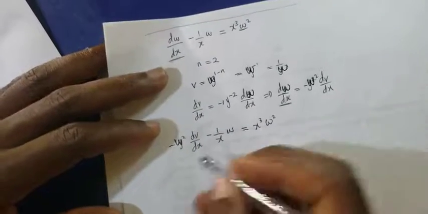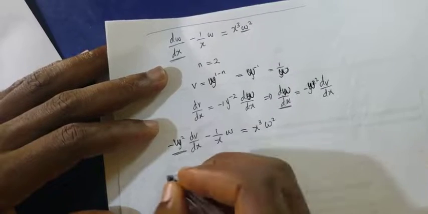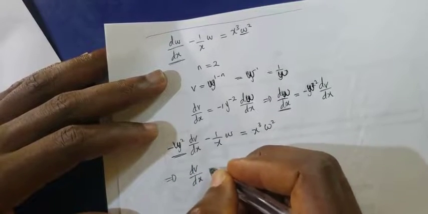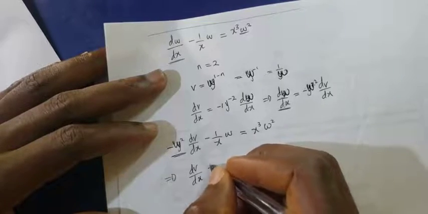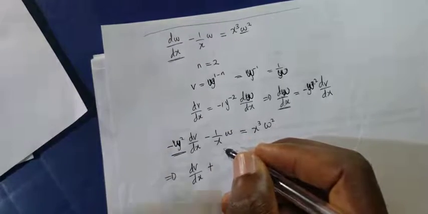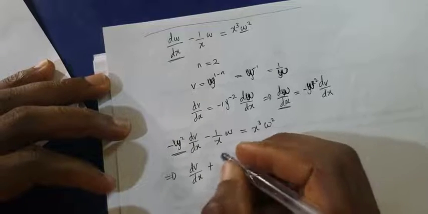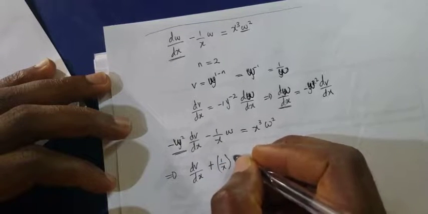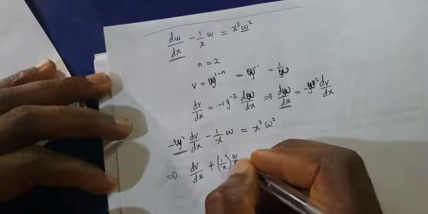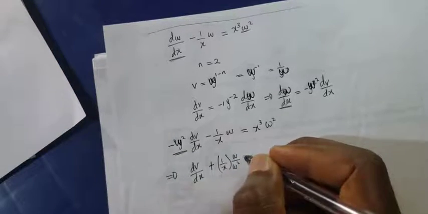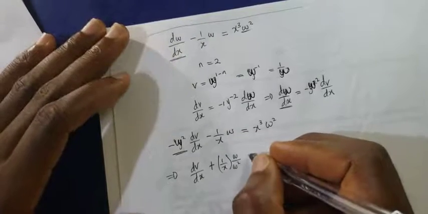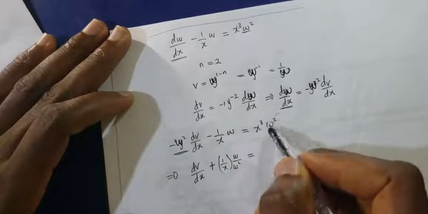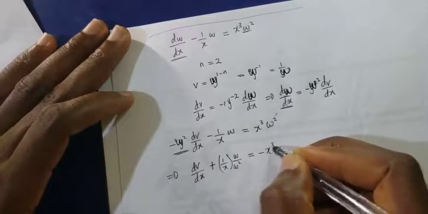Then divide all through by minus w squared so that you clear these coefficients. That's going to give you dv/dx, plus, so this will become plus when you multiply by negative, then 1 over x multiplied by w, then divided by w squared. So dividing by w squared, we cancel this, that would be minus x to power 3.